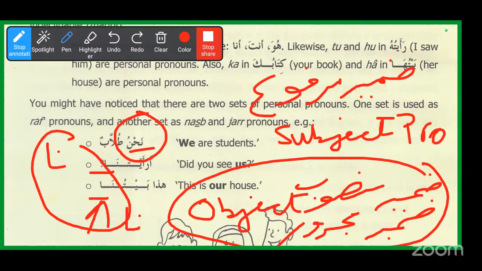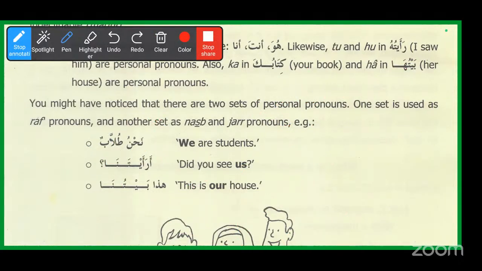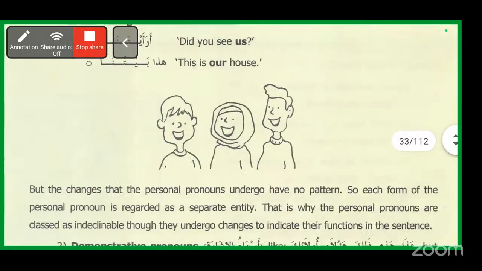These will be the 14 dhamair: hu, ha, hum, ha, huma, hunna, ka, kuma, kum, ki, kuma, kunna. And then na and ee, na, ee, and na, ya mutakallim. Is all this clear? Let's move ahead.